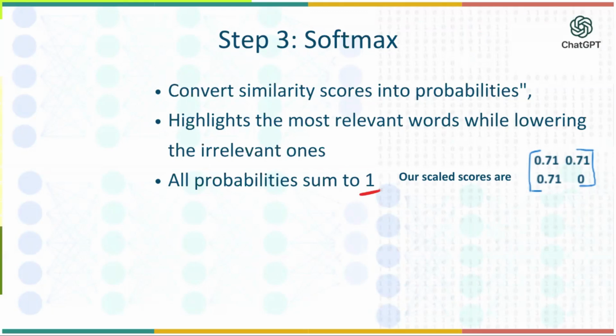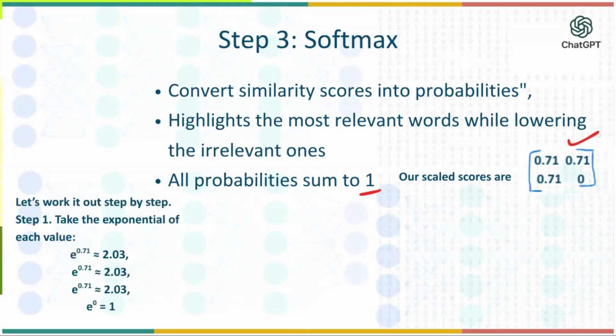So our scaled scores are these, which we calculated in step 2. Now let's work it out step by step. Step 1 is to take the exponential of each value. We just find the exponential of each value of the scaled scores.